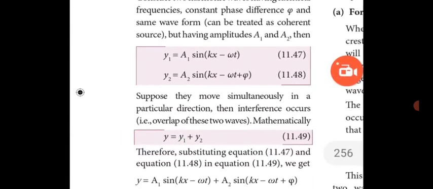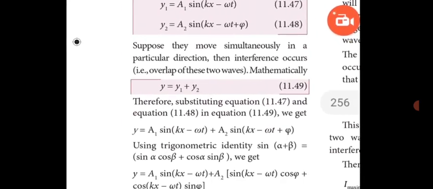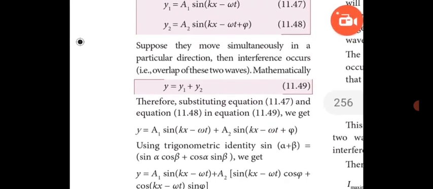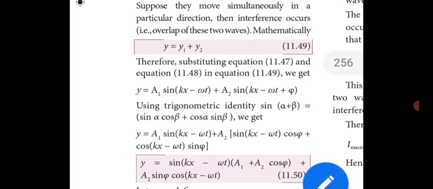We know already: y1 is equal to A1 sin(kx minus omega t), y2 is equal to A2 sin(kx minus omega t plus phi). If they move simultaneously in a particular direction, interference occurs. That means the overlap of these two waves is mathematically given as y is equal to y1 plus y2.